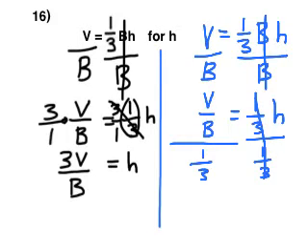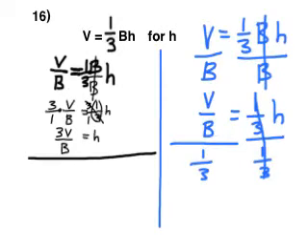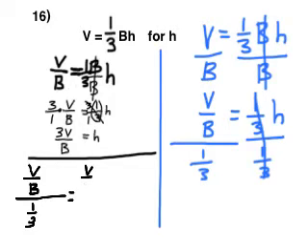But let's take it over here. Alright, there I have some room. Okay, so we've got v. I'm just going to do this one calculation. We've got v over b divided by 1/3.